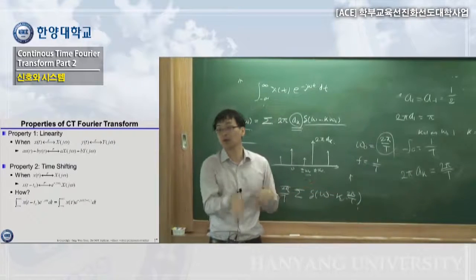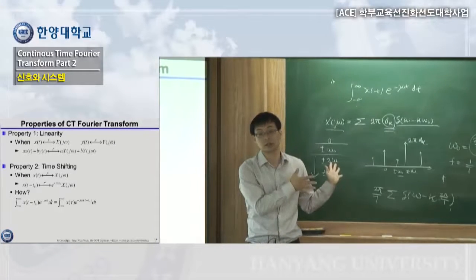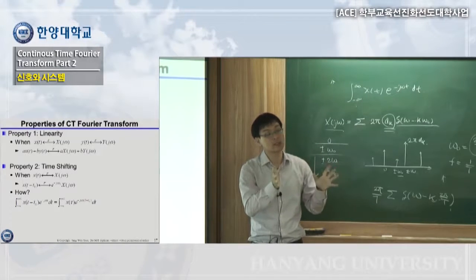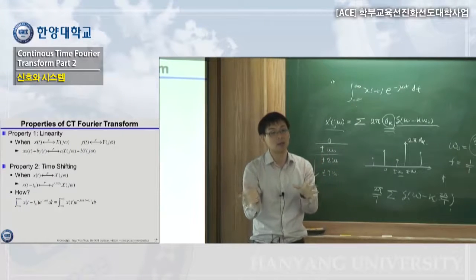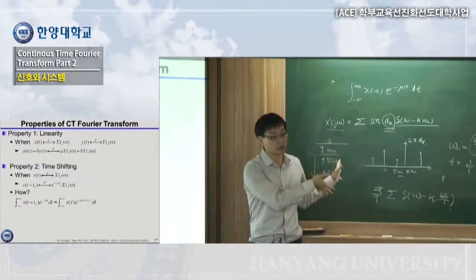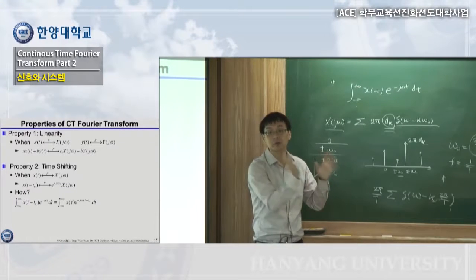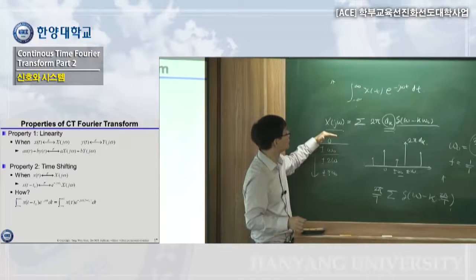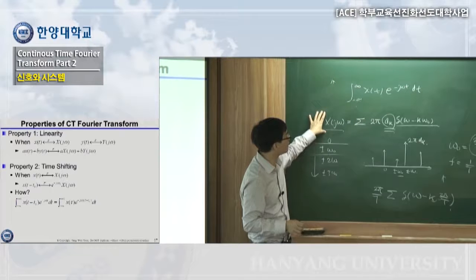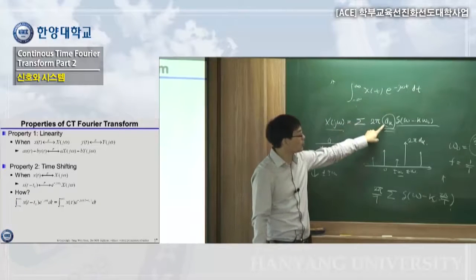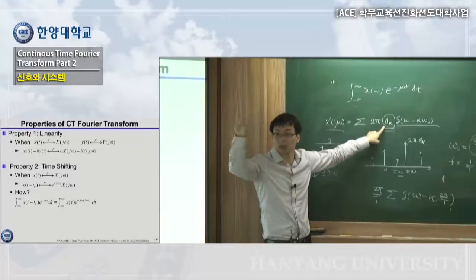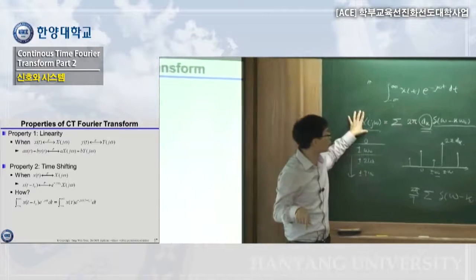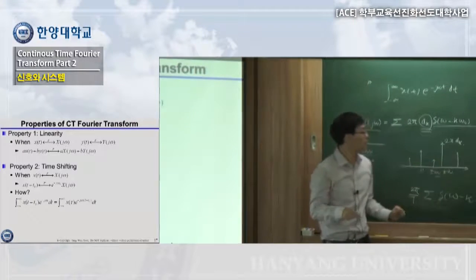Before we move to the next topic, questions? Keep in mind that the Fourier transform can handle both periodic and non-periodic signals, but especially for periodic signals we have some advantage. We can use the Fourier series: in the frequency domain, the Fourier series coefficients can be considered as sampling, and we can consider them as impulses to find the Fourier transform because they can be viewed as equally spaced.